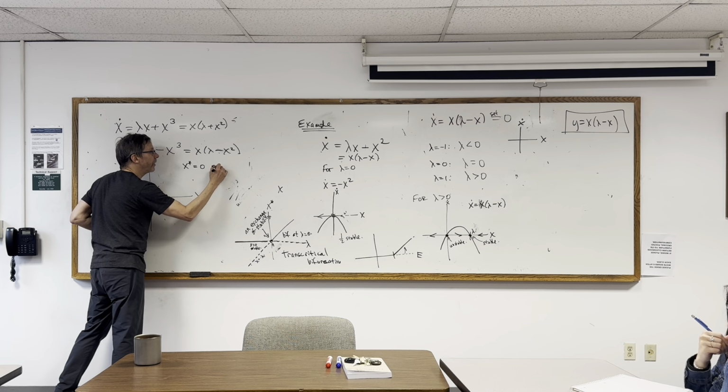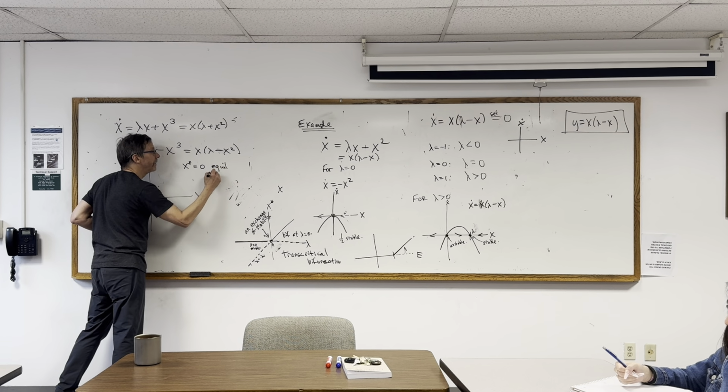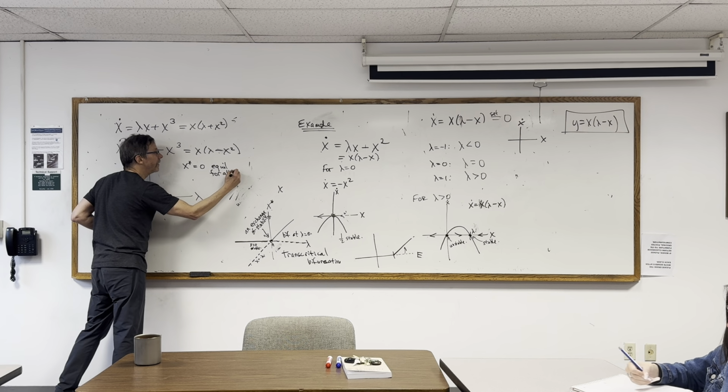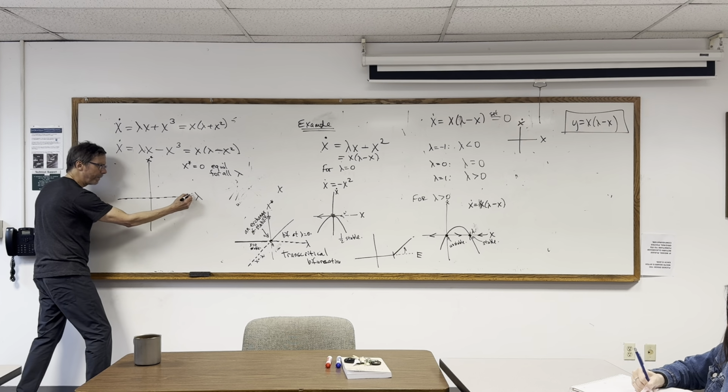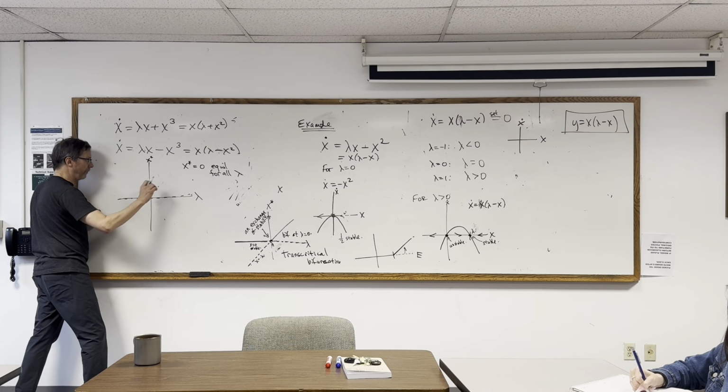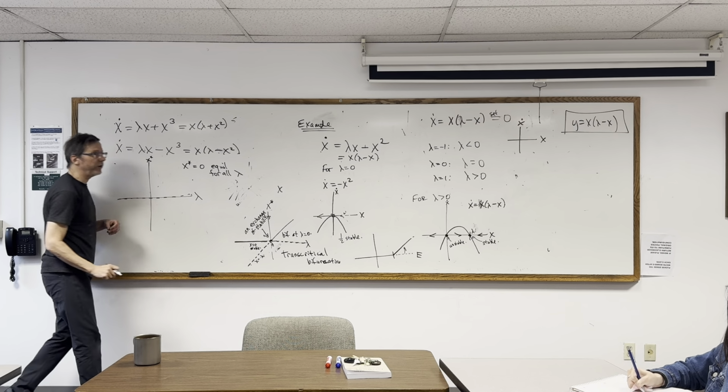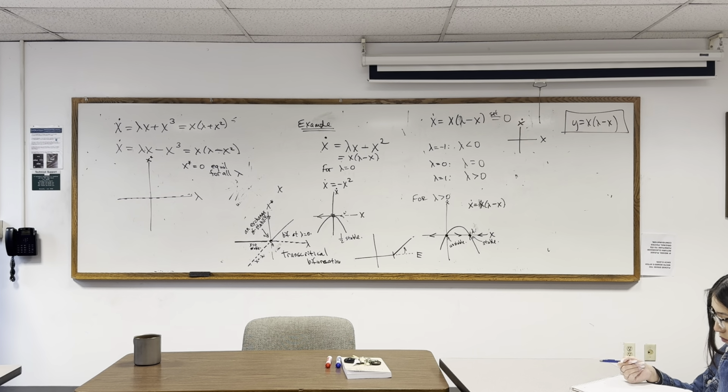It is an equilibrium for all lambda. So you'll always have this line moving across here. It might be stable or unstable, and that's the part you need to discern. So have fun with that, because that's actually pretty cool.